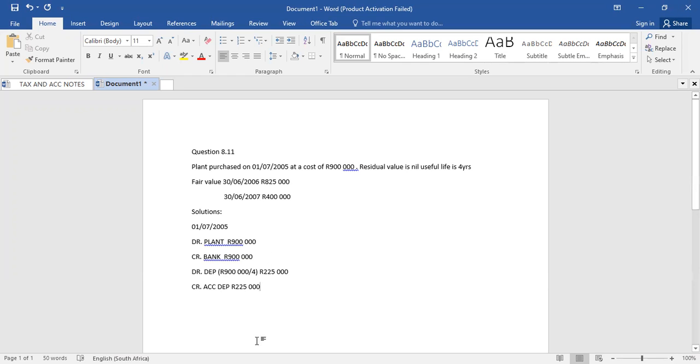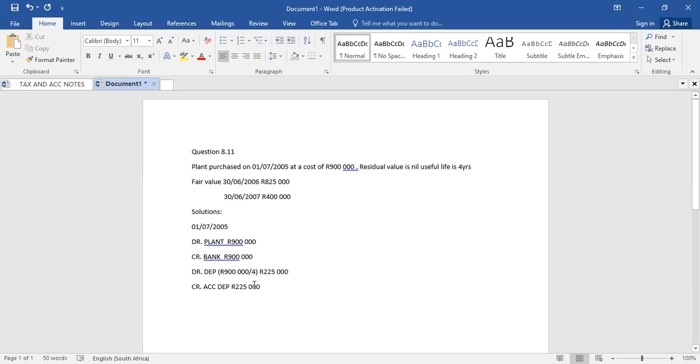In your narration, you say depreciation for the year. The reason we calculate depreciation before revaluing the asset is that the fair value is given at the end of the year.